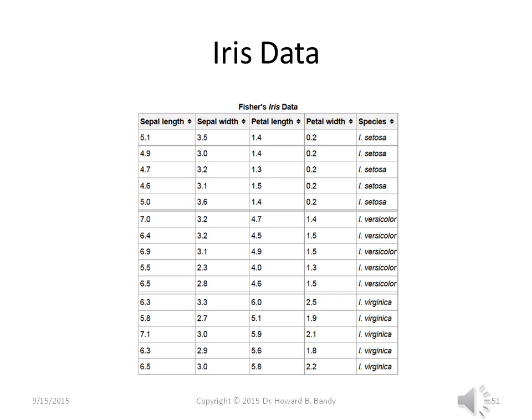There are 150 rows. Each row has 4 predictor variables: the sepal length and width, the petal length and width, and it has 1 target variable. In this case it's the label of the species, setosa, versicolor, or virginica.